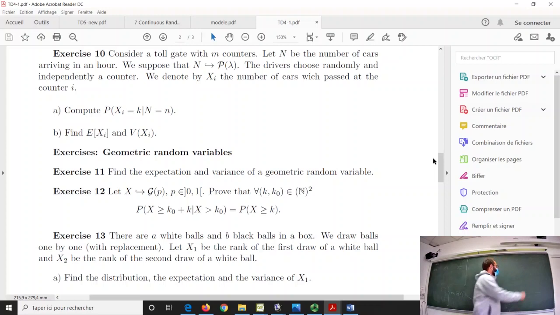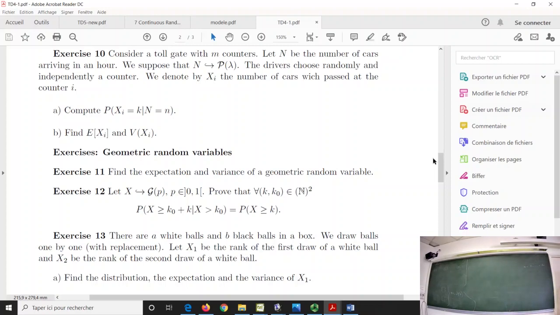So I have capital N, that is X1 plus ... plus Xm. So it will be very complicated to obtain that Xi and capital N are independent, because in the expression of capital N, you have the Xi inside. So they are not independent, for sure.